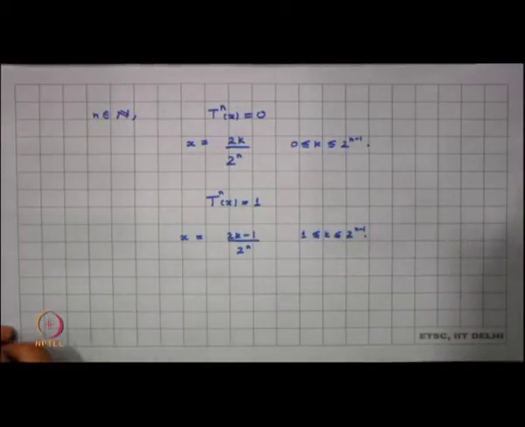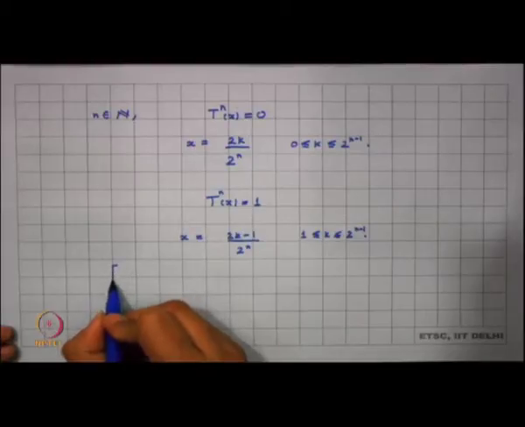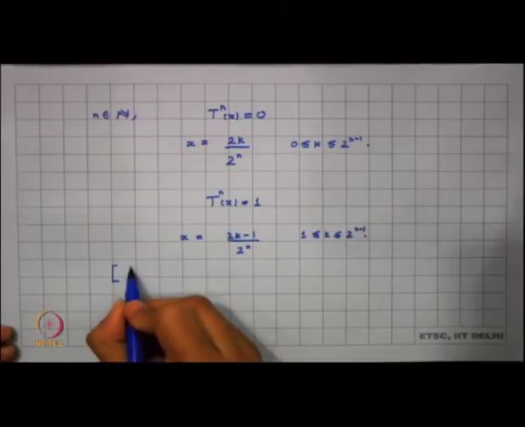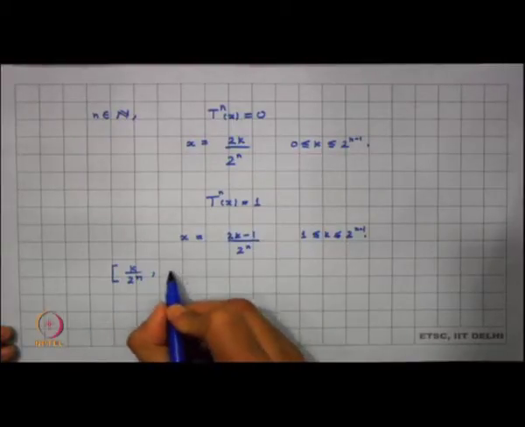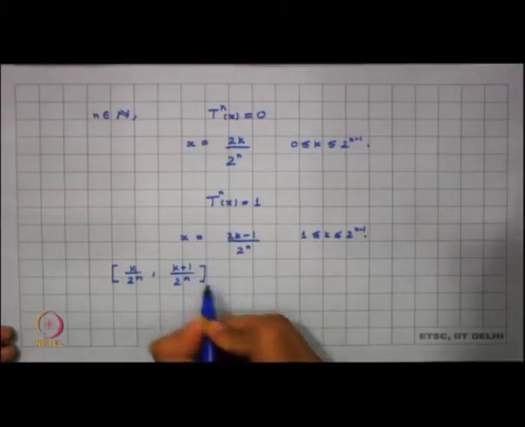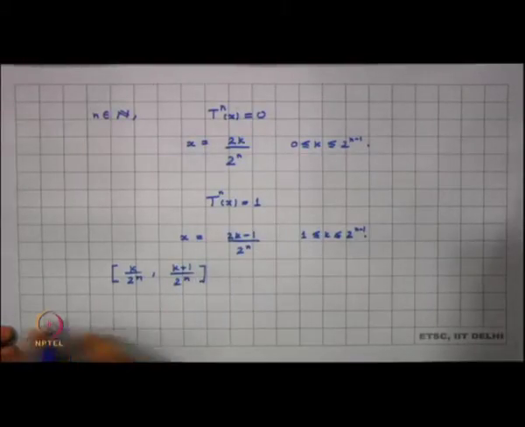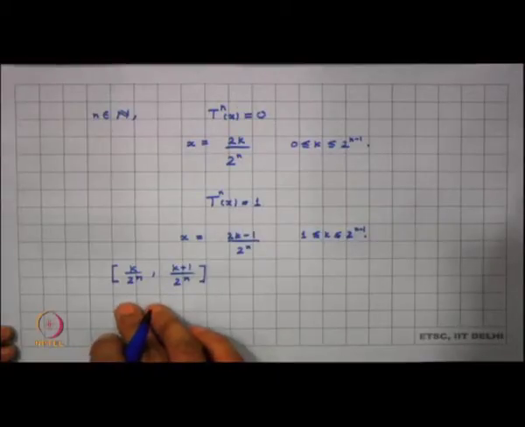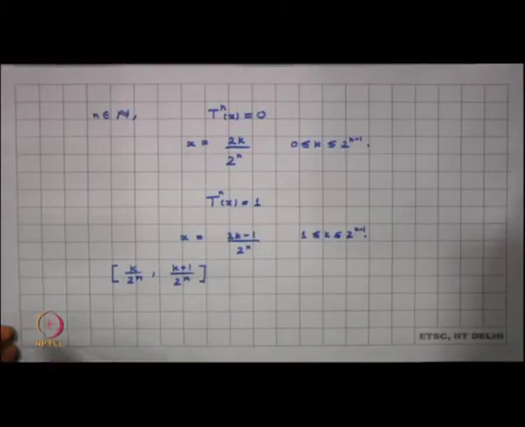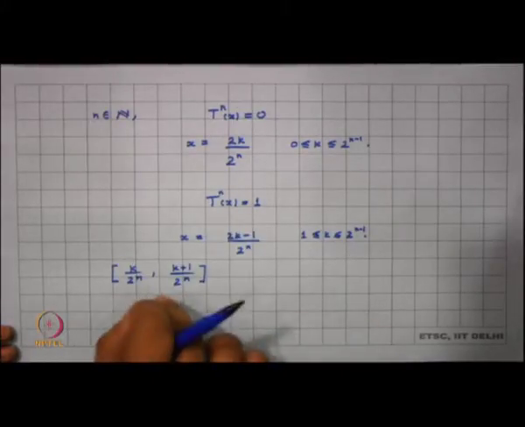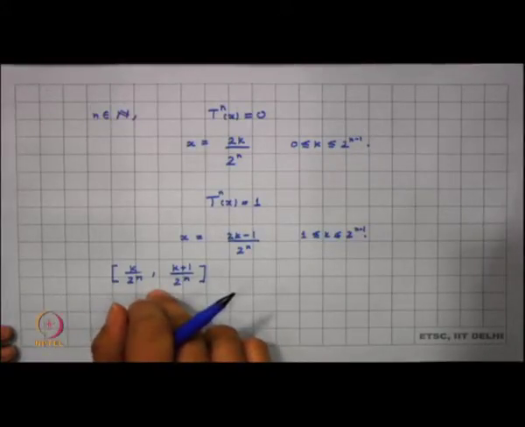So, whenever I start with the interval k upon 2 to the power n and (k plus 1) upon 2 to the power n, I know that in this interval I will always find points such that one of them in n steps reaches 0, and one of them in n steps reaches 1, and hence there will be a fixed point for T to the power n in this interval.